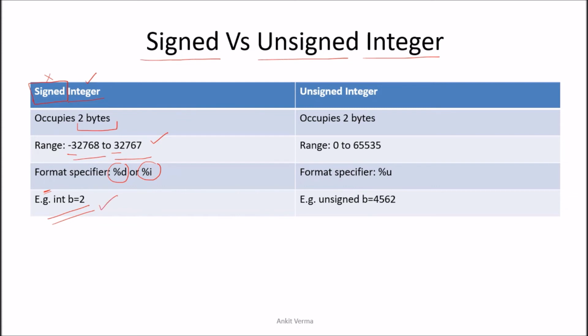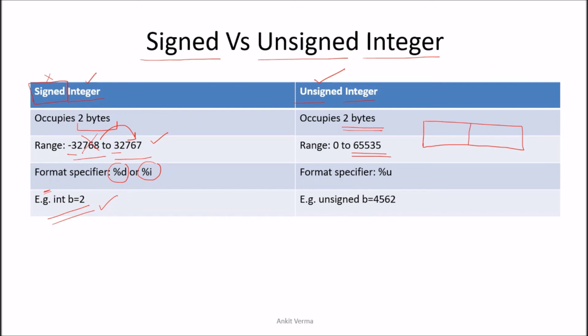Now talking about the unsigned integer, the same memory is there, 2 bytes of memory. But here you have to apply the unsigned keyword. Unsigned means no negative values. If there are no negative values, the negative side comes to the positive side and the positive range will be more. Because suppose this is the whole memory.